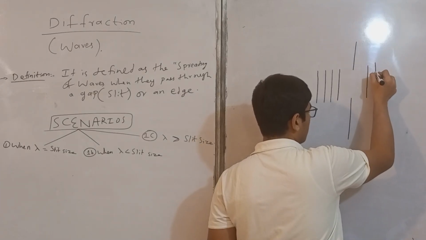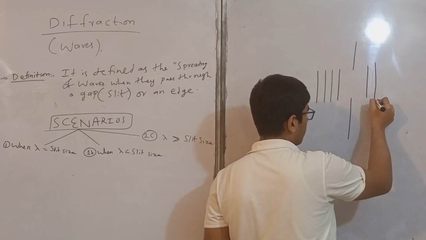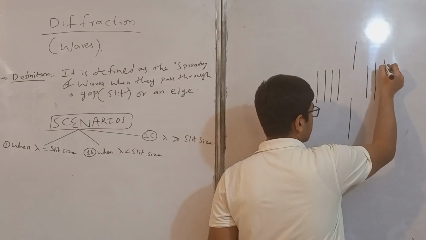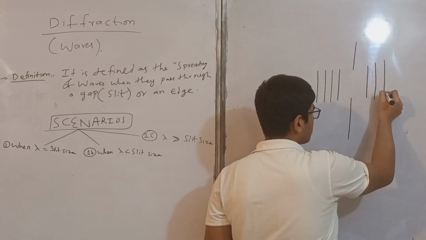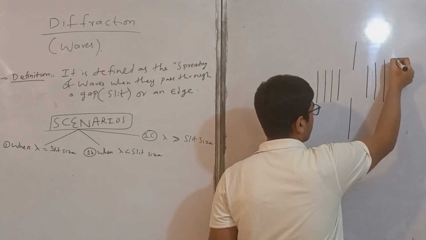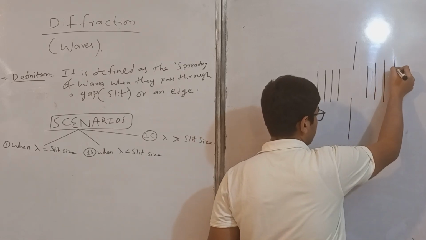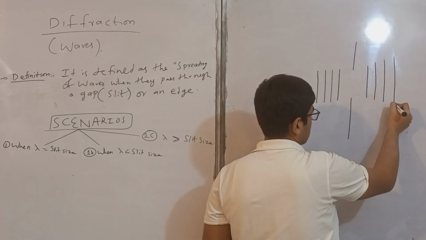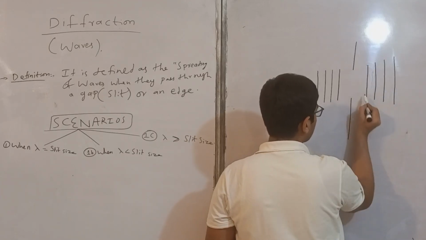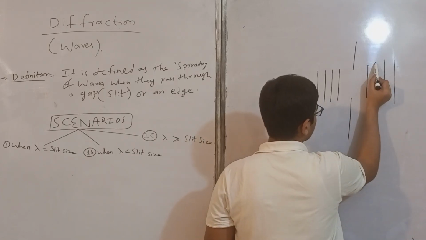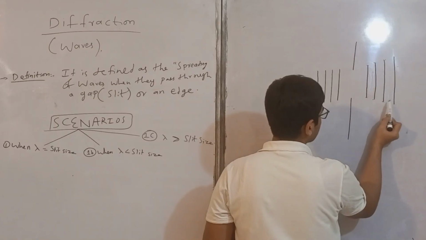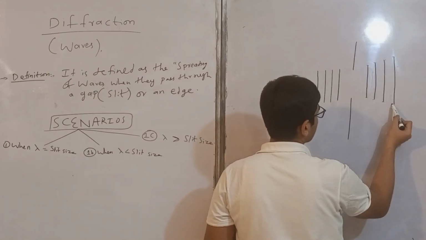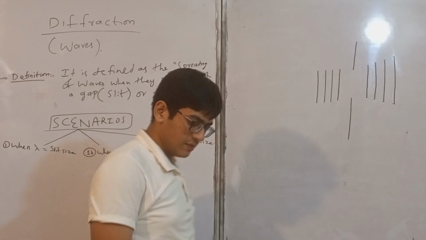But the waves will be drawn like this, where each wave will slightly be longer than the previous wave from both ends. And to show diffraction, we will draw these bars. So diffraction will be like this.